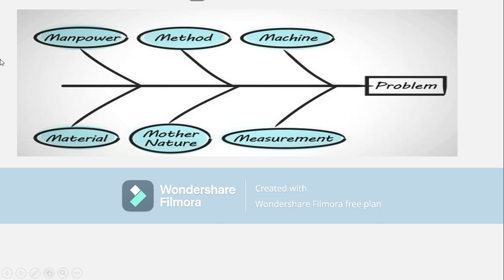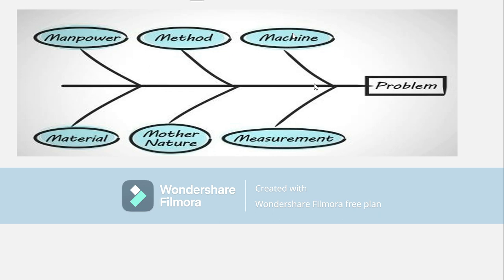So all these things together look like a fishbone, and that is the criterion in which all your problems are defined. And whenever there is a problem, you need to actually drill down to level 0 to understand which category your problem falls in, and which category you need to work on so that it doesn't happen in future.